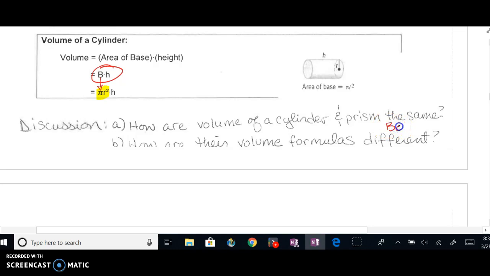They're both area of the base times height. How are their volume formulas different? The base of a cylinder is always a circle. And this might show up on a test question, just by the way.